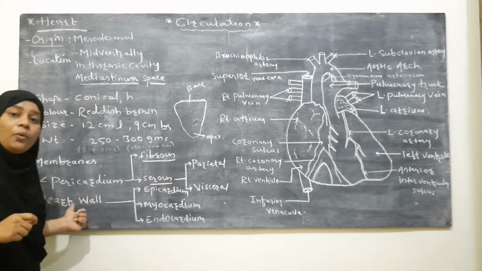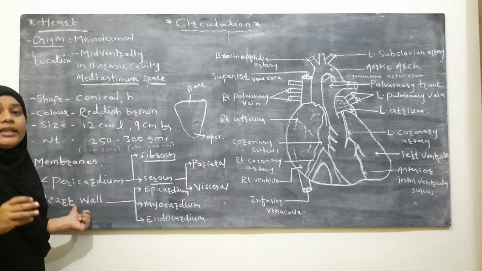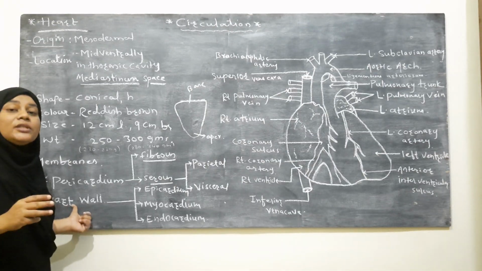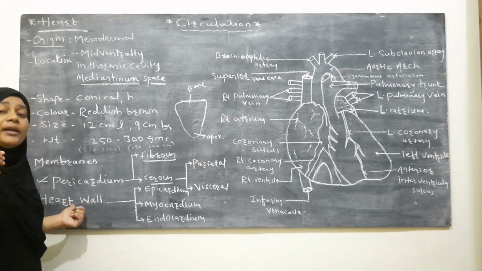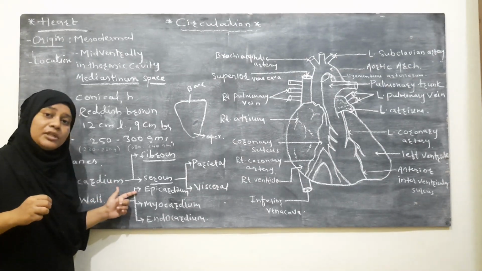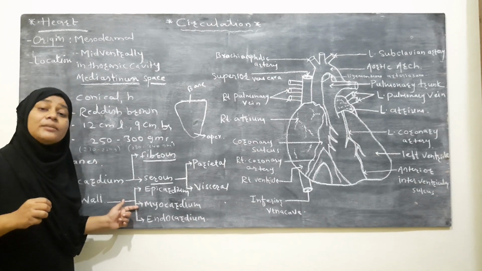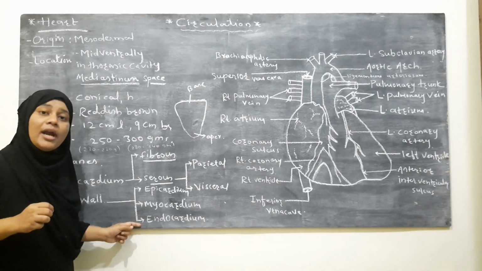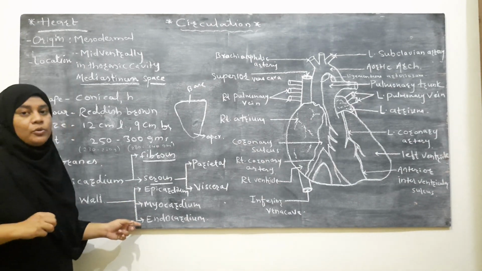Whereas the heart wall is again made up of three layers. The human heart is enclosed by three layers: the epicardium, which is outer in position, the myocardium, which is middle in position, and the endocardium, which is inner in position.